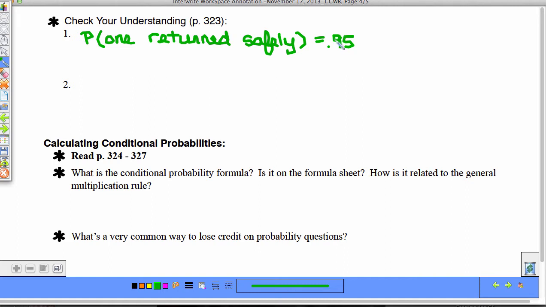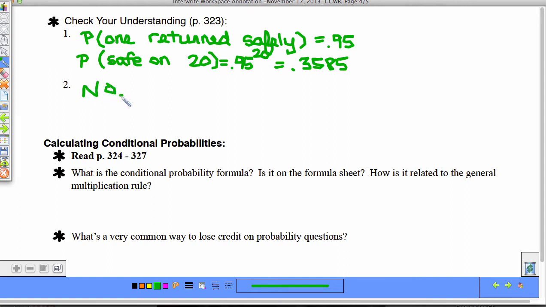Assuming independence, because we're going to assume independence, the probability that they're safe on all 20 would be 0.95 to the 20th, which is 0.3585. And number 2, no. Whether one is a college student and one's age are not independent, because far more younger people are college students than older people.